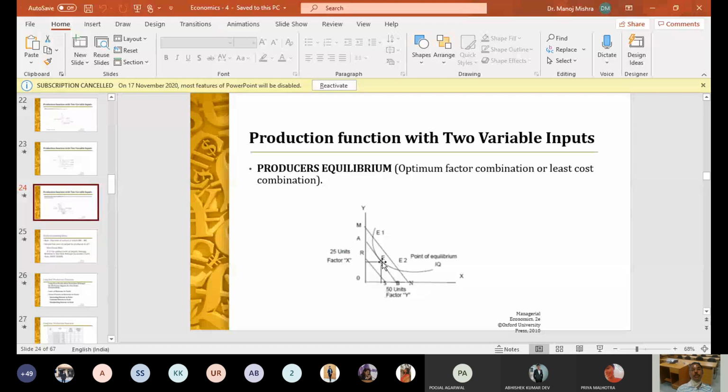So we rush back to E. And this is the point at which we have the best factor combination. That is why it is called optimum factor combination. And least cost, because this is the least cost combination for 1000 units, this point E is where you are going to pay the minimum. So this combination will give you the minimum cost. All other combinations, the costs to the firm would be more.